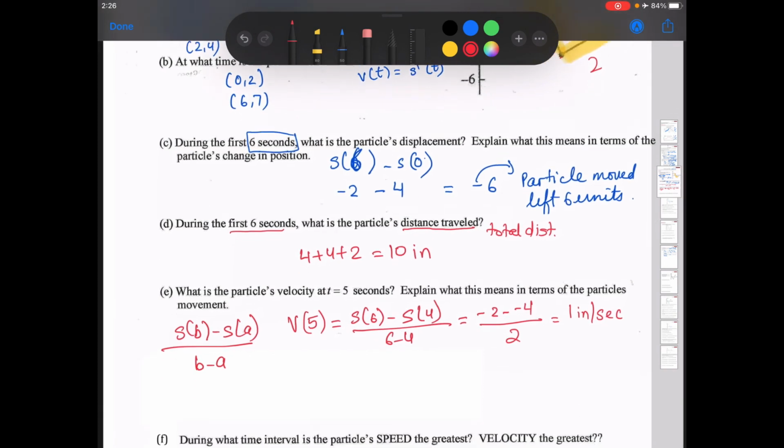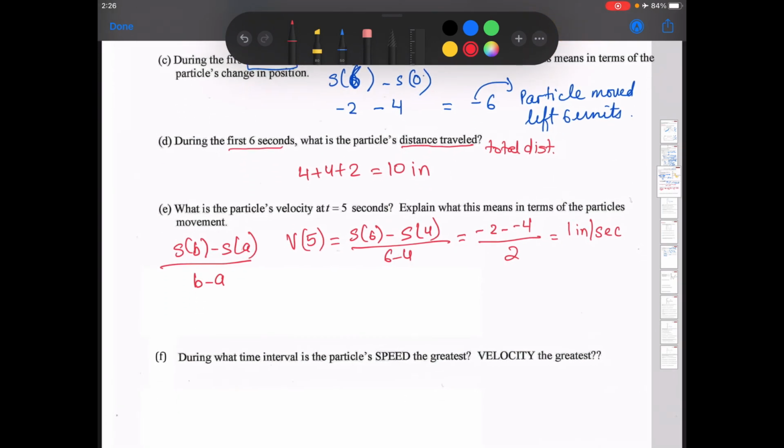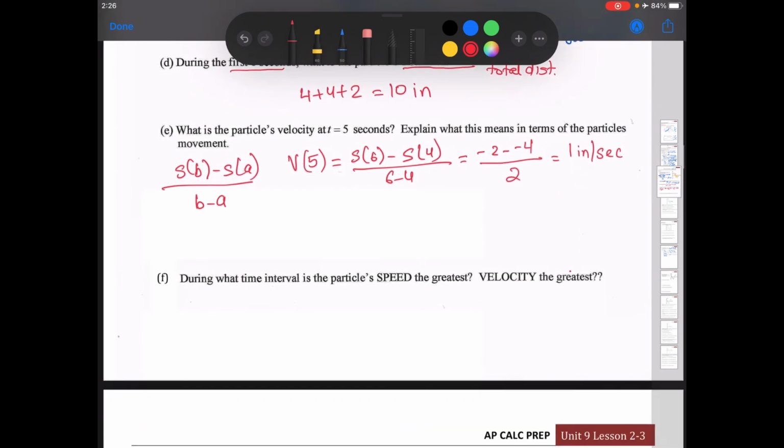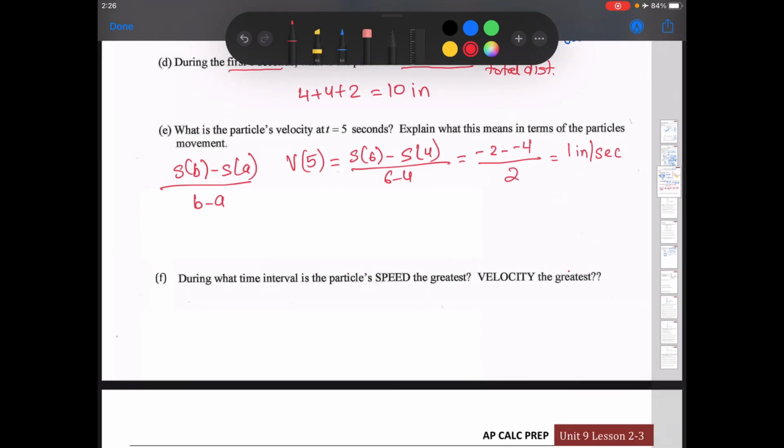So these are a few things that you can actually, without finding the answer, predict just by looking at where the graph is. So the last one, F. During what time interval is the particle speed the greatest? Velocity the greatest. So we need to be very careful with the two. Speed can never be negative. It's always positive, right? So basically I'm looking where it's moving the fastest or where it has the steepest slope.